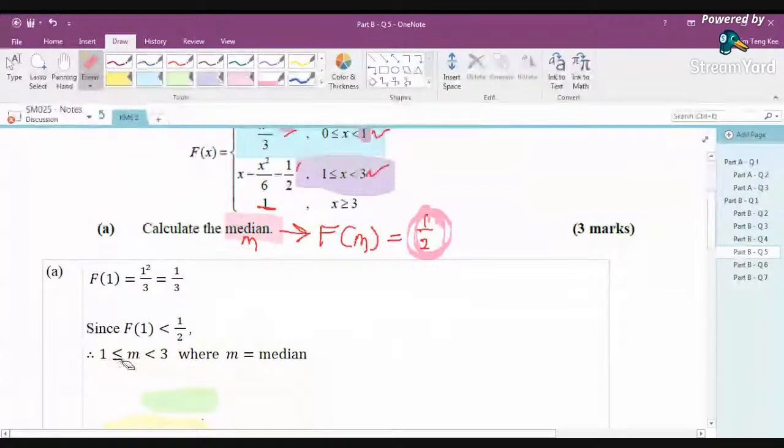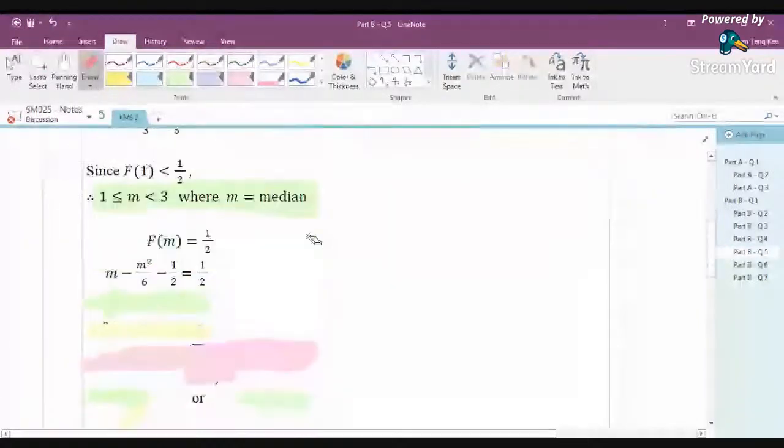Then, after we find this, what we are going to do now is refer to our capital F for the interval from 1 until 3, the one highlighted in purple. I am going to substitute all the x with m, and the calculation goes as follows.